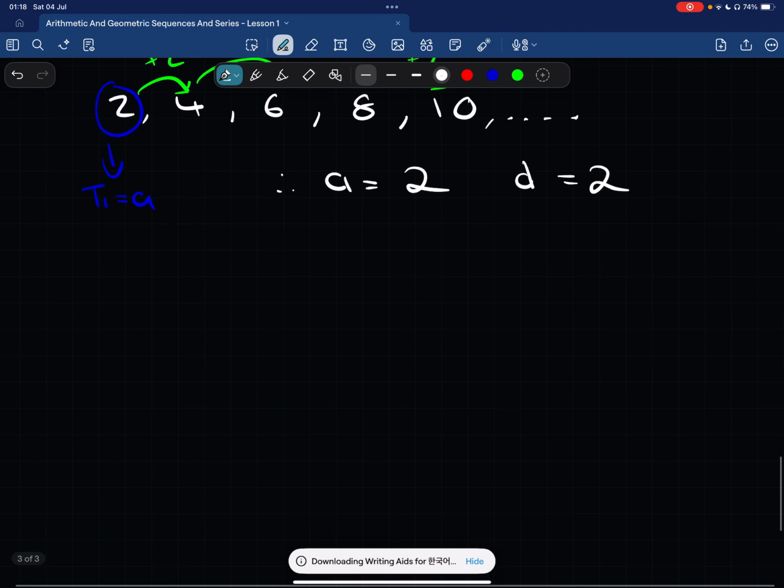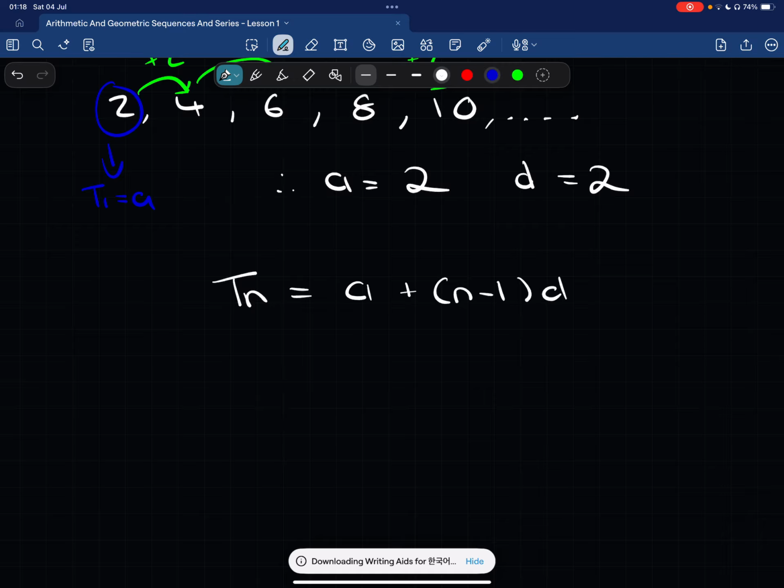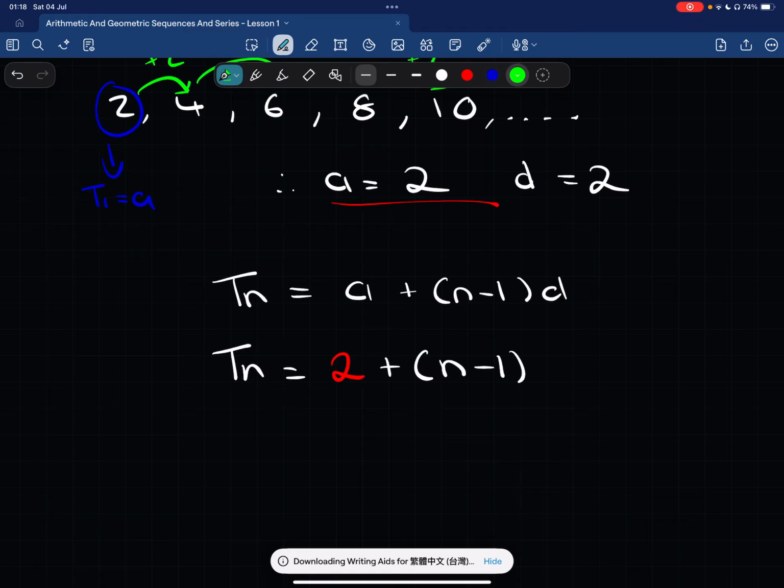Now let's plug this into our general formula. Tn is equal to A plus n minus 1 D. So we know Tn is equal to A, which is 2, plus n minus 1, all into D, which is also 2.